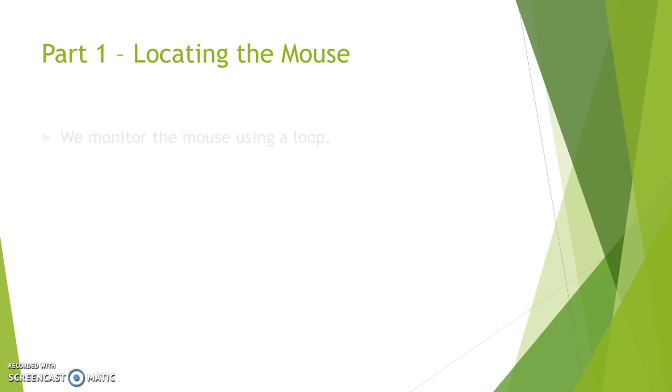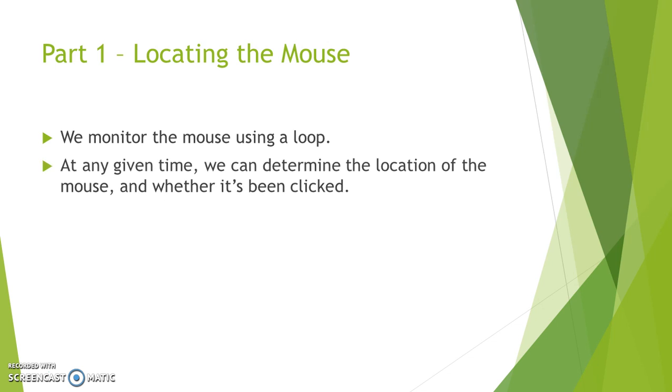Alright, part 1, locating the mouse. What we do when we want to allow the user to use a mouse, we create a loop, and the loop constantly monitors the mouse to figure out what's going on. So at any given time we can know where the mouse clicker is, where the pointer is, and at any given time we can know whether it's been clicked.